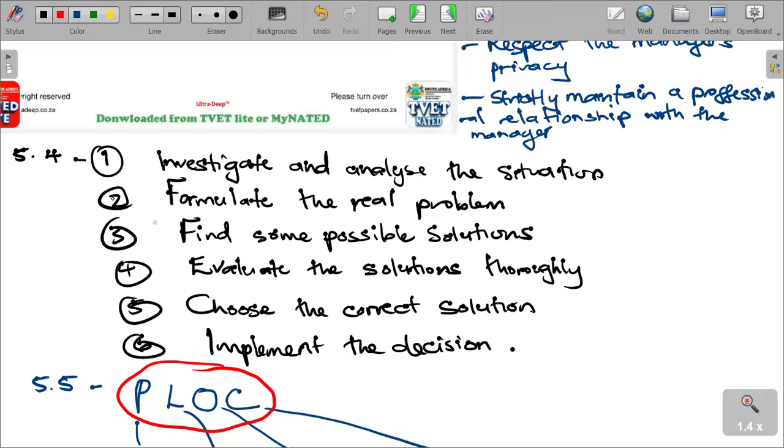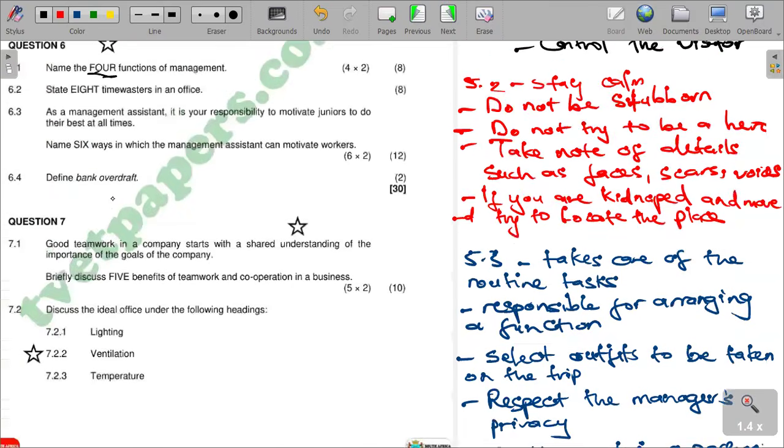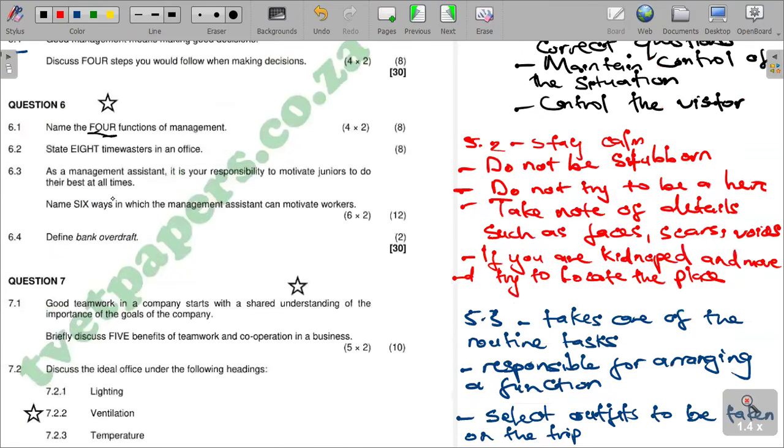So let's move on to 6.2. State 8 time wasters in an office.